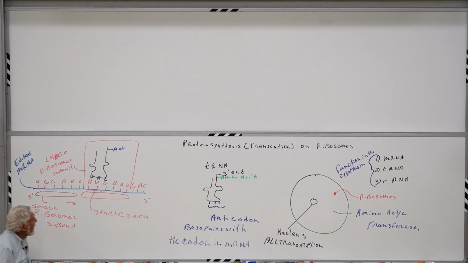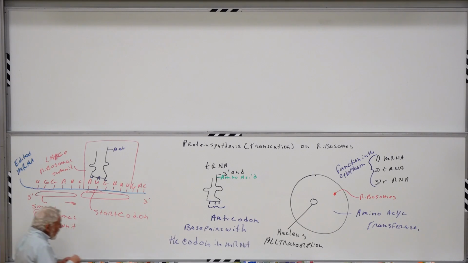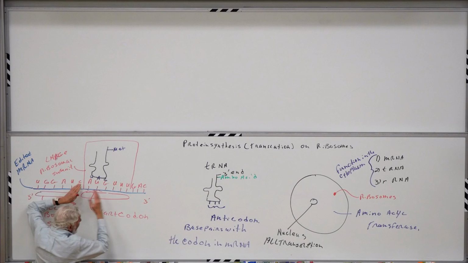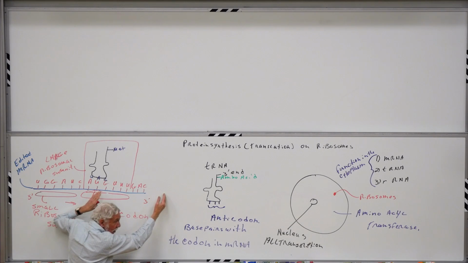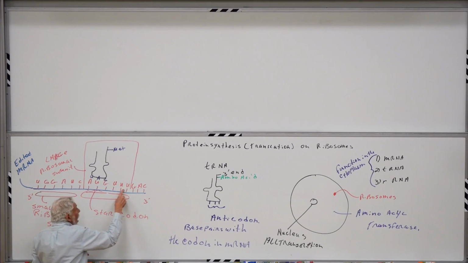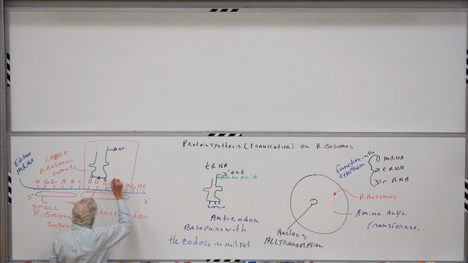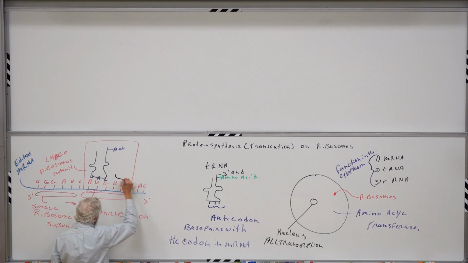Better move on. So now the AUG sets up reading everything in 3-base sets subsequently. Now, I've deliberately chosen U here because I know that there will be an anticodon of adenine, adenine, adenine.